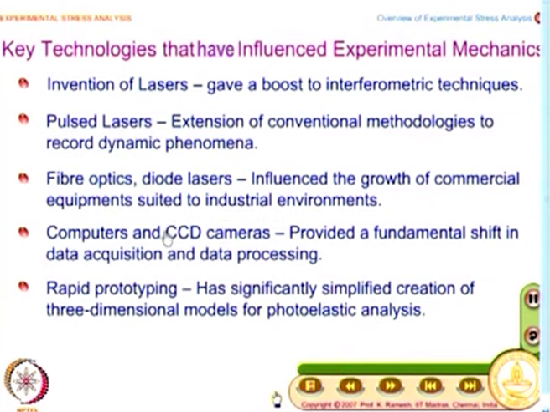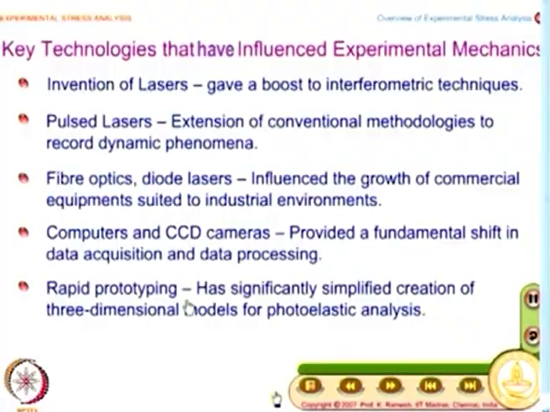With the development of CCD cameras, the human eye is replaced by the electronic eye. And I said that in the 1930s most of the designs were verified by performing a 3-dimensional photoelastic analysis, and for 3-dimensional photoelastic analysis, model making is a crucial and very involved step, and the model should be as precise as possible to mimic the 3-dimensional object.